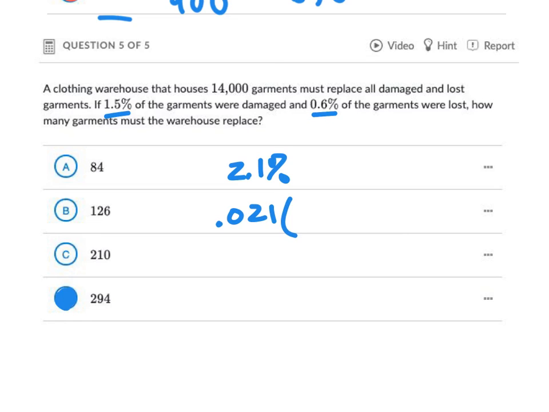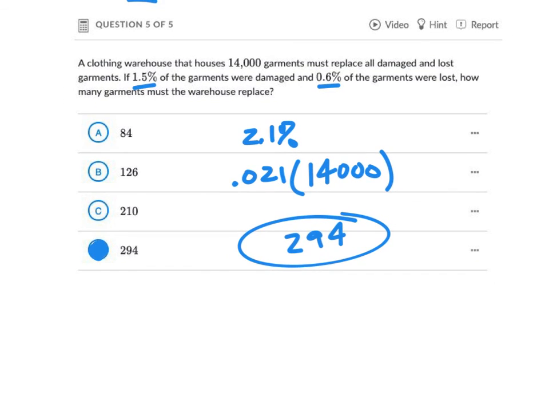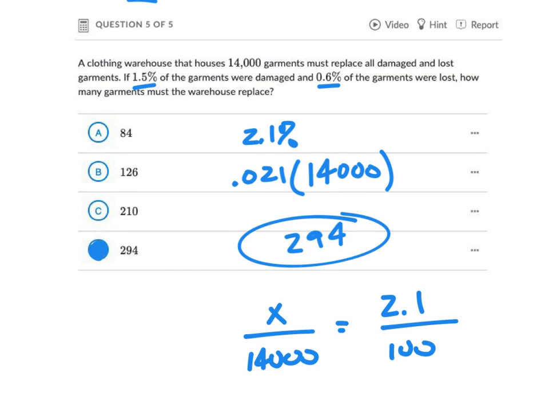You multiply that by 14,000, and you end up getting 294. You could do that. But if you were to do it with a proportion, it'd be x over 14,000 equals 2.1 over 100. That's the proportion you would have to set up. If you're setting that up, you just got to make sure you solve it right.